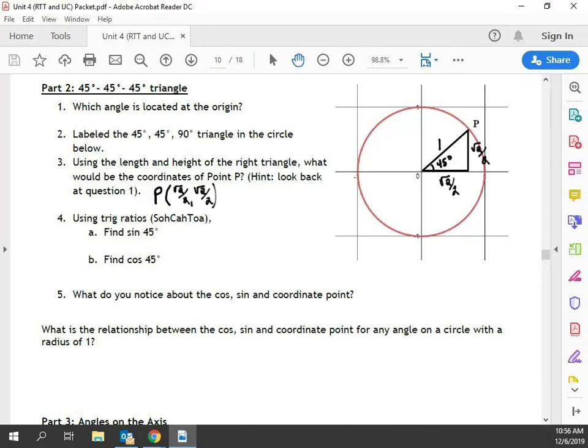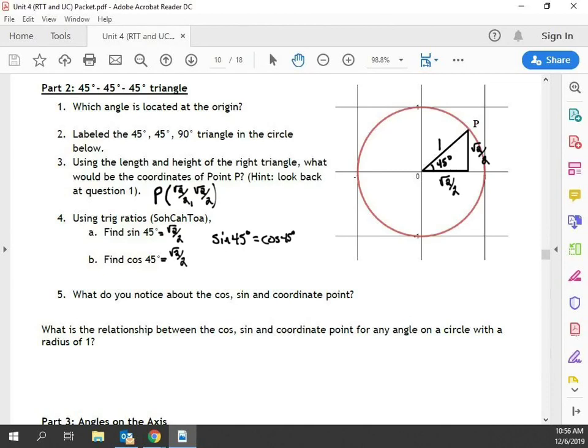Sine of 45 is root 2 over 2. Cosine of 45 is root 2 over 2. And one thing you need to establish is that the sine of 45 is equal to the cosine of 45.